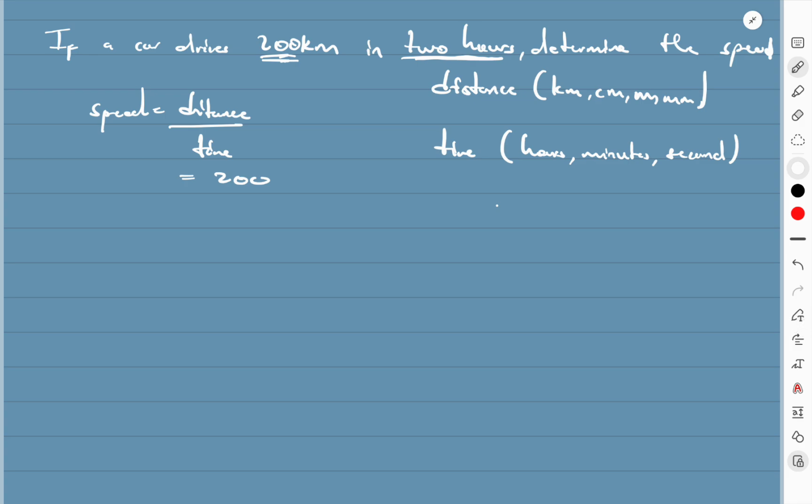Hours is the representation of time. It means on the time part, I have to substitute the 2, right? So what is 200 divided by 2? The answer is 100 kilometers per hour. That is going to be my speed for this car, 100 kilometers per hour, right?